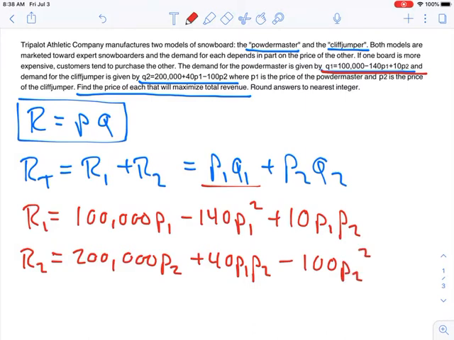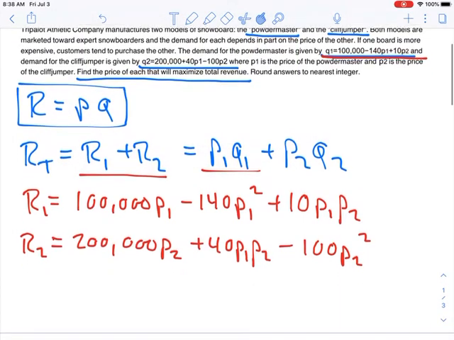All right, and so once again, we have to add these two equations together to get our total revenue function. But I'm just going to keep them separated because it's going to be easier to work with them if we keep them a little bit separated.